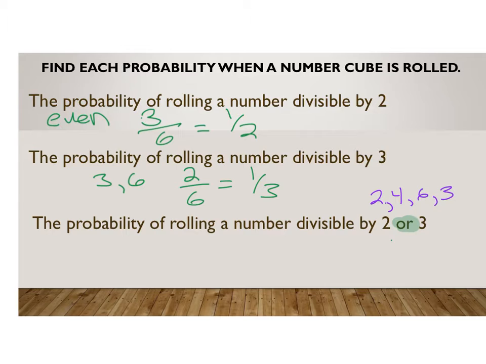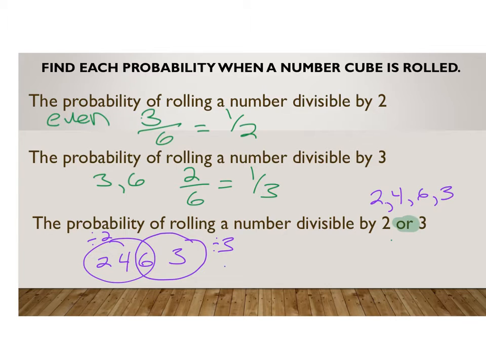So if we look at it this way, I have divisible by 2, which is 2, 4, and 6. And then I have divisible by 3, which is 6 and 3. Well, notice I've got this overlap. So the 6 has been counted twice. So if I just added these two probabilities together, I get an extra one that's too big, right?